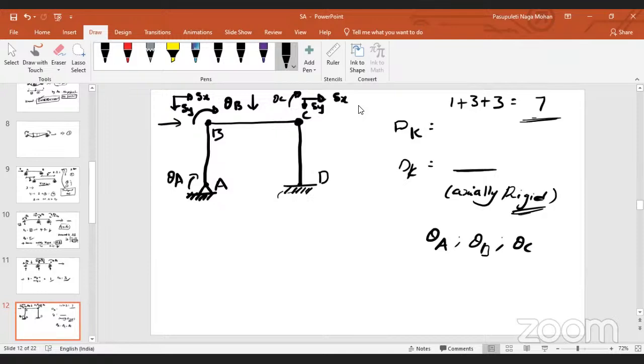Delta X of what? Displacements, sir. Now tell me why I should not consider delta Y. Delta Y at the point B, BA, would be the axial deformation, but the member is axially rigid, so it won't be developed.